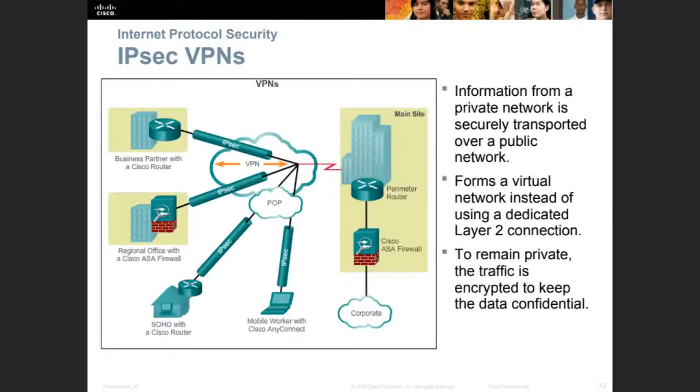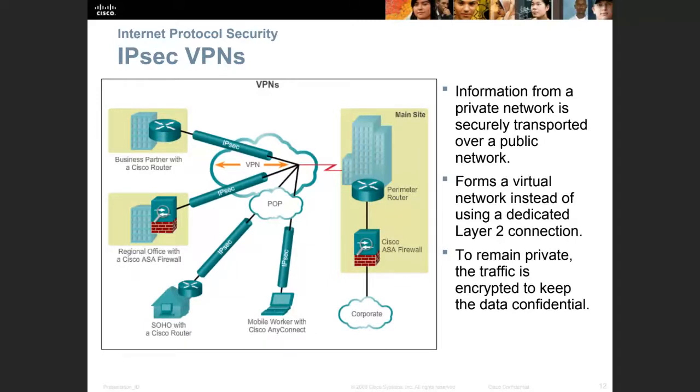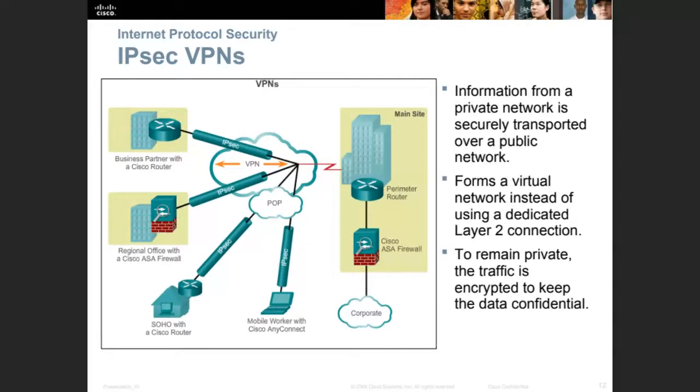Okay, now for IPsec, the advantage of IPsec is that information from a private network is securely transported over a public network. So you can have a VPN tunnel to a SOHO. SOHO meaning what? Small office, home office, or to a regional office, or to a business partner or branch, or to a remote user.